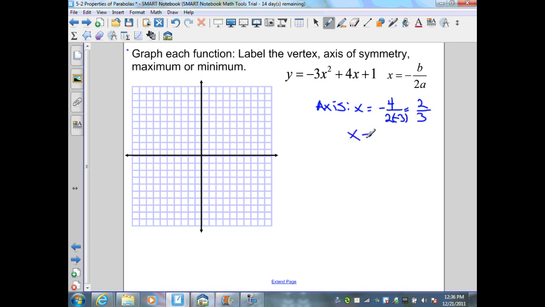So the equation for my axis of symmetry is x equals 2/3. That's a vertical line at 2/3. And I'll put a dotted line at x equals 2/3. This represents our axis of symmetry. Now I need to find my vertex.